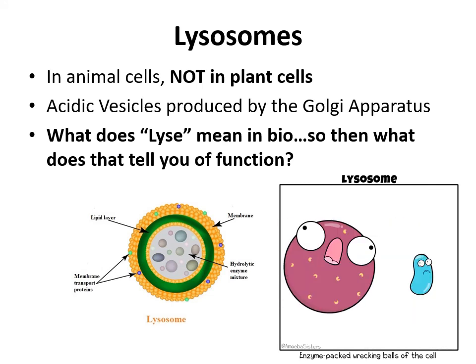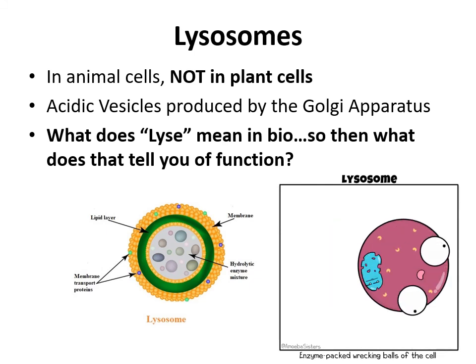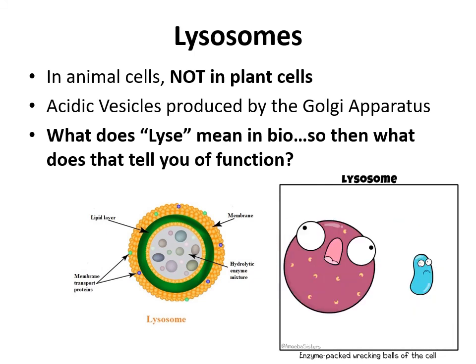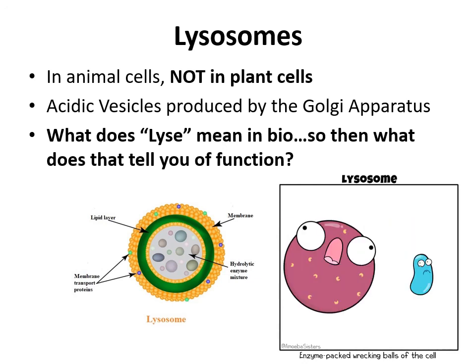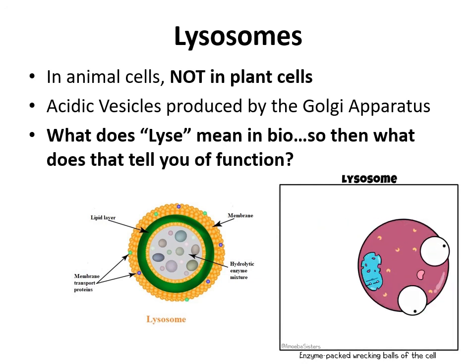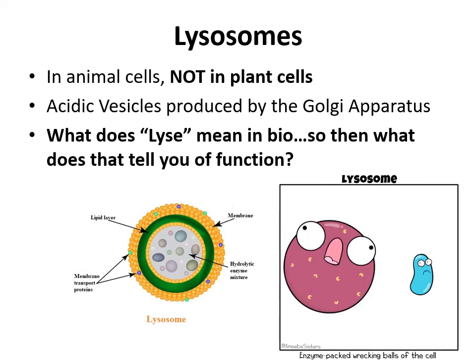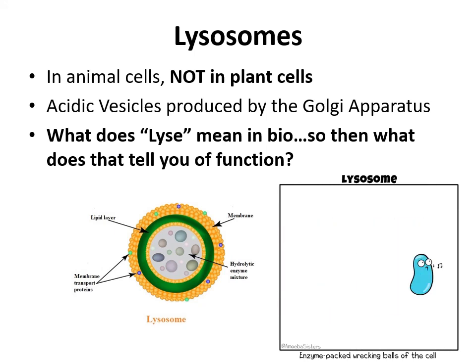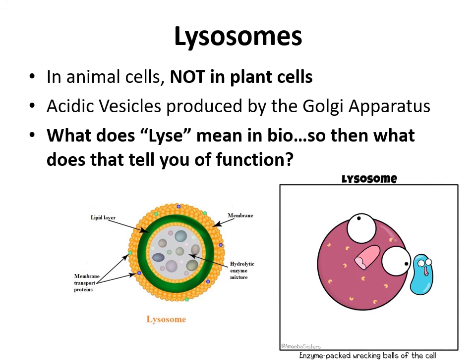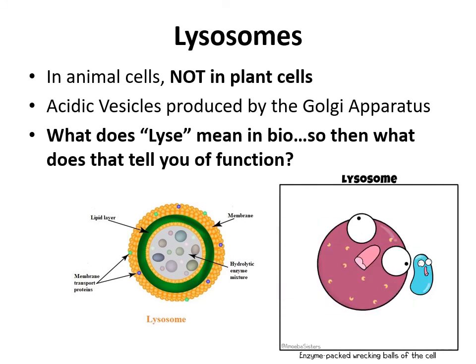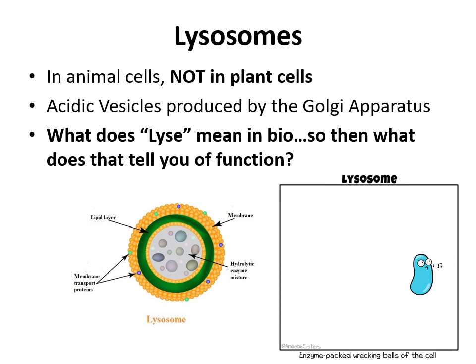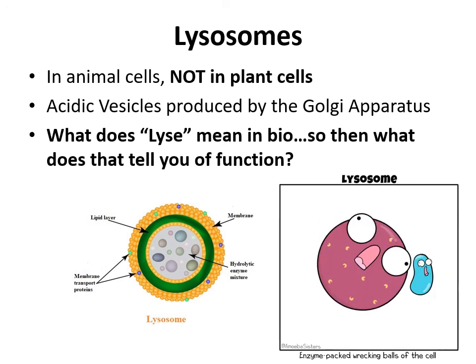In fact, it will even use the lysosomes to destroy any damaged organelles or damaged proteins that might cause problems within the cell. So it ends up using them as basically a recycling plant or a garbage plant. And even the lysosomes, scary enough, are involved in programmed cell death.